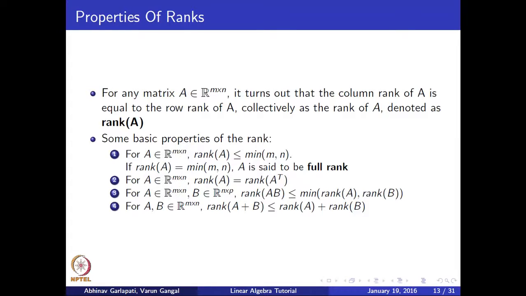For instance, the rank of a matrix is at most the minimum of its two dimensions, the row dimension and the column dimension. Secondly, the rank of a matrix is the same as the rank of its transpose. Thirdly, if you multiply two matrices A and B, the rank of the resultant matrix is at most the minimum of the ranks of A and B. If you add up two matrices, the rank of the resultant matrix is at most the sum of the ranks of A and B.